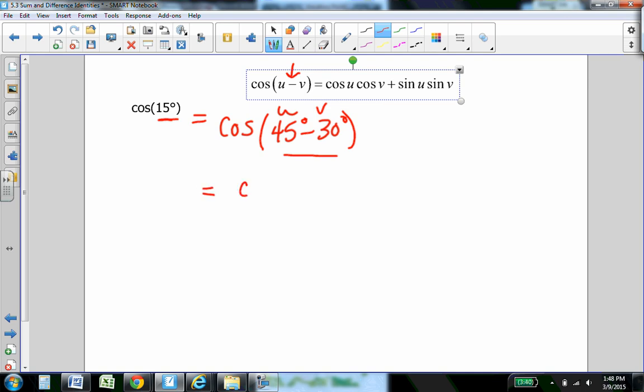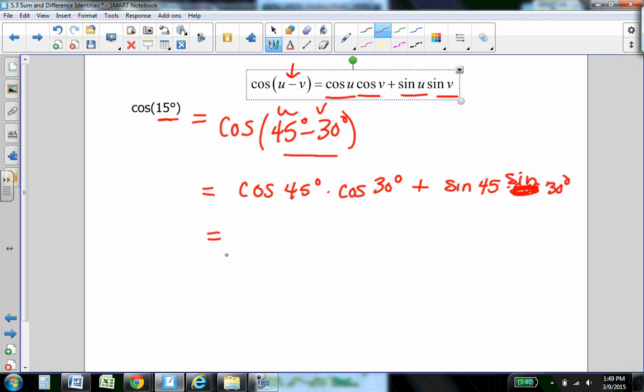So it is the cosine of 45 times the cosine of 30, and I add to it the sine of 45 and the sine of 30. Cosine, cosine, sine, sine. And then we go back and we fill in what we have.